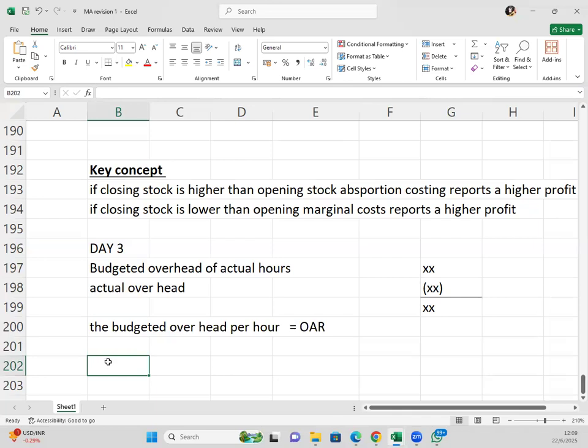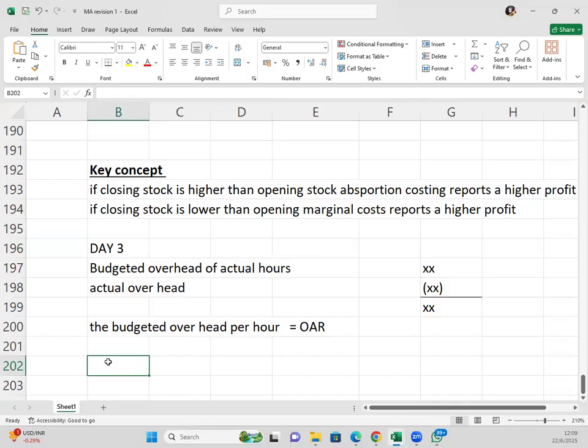So the first step, you calculate your overhead absorption rate, that is the budgeted overhead per hour. Then you multiply that with the actual hours. So you're taking the budgeted overhead and you multiply it with the actual hours.